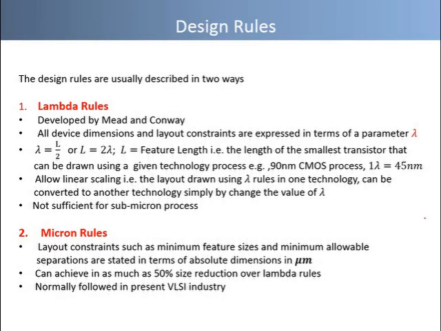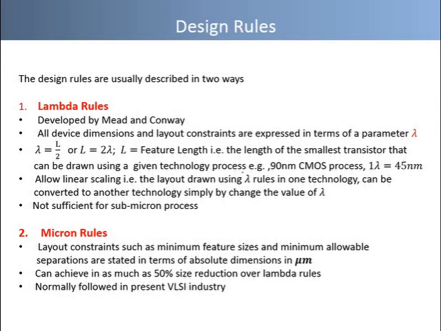Now the design rules are specified in two ways, either in terms of lambda or in terms of absolute dimensions. The lambda rules were developed by Mead and Conway. These rules specify all layer constraints in terms of a specific parameter called lambda, and normally lambda is half of the feature length, that is, the length of the smallest transistor that can be manufactured by a given technology process.